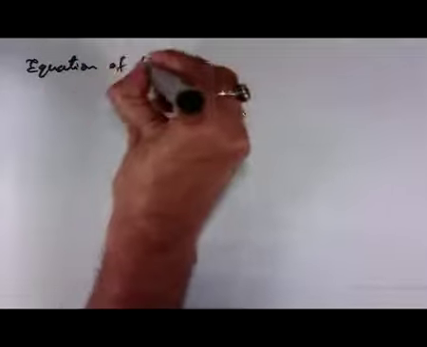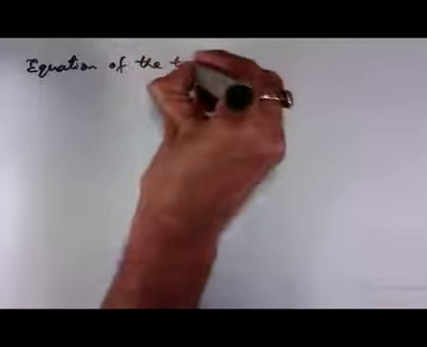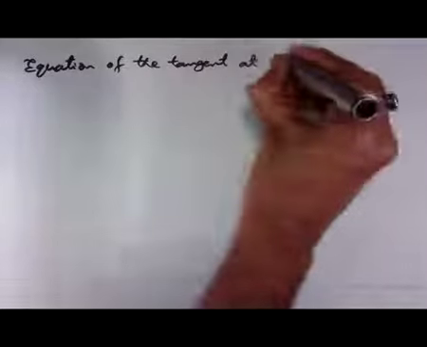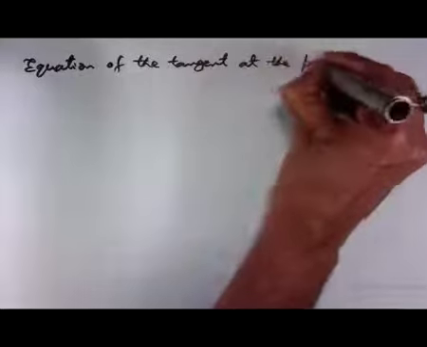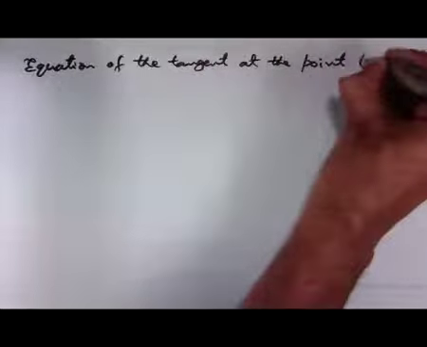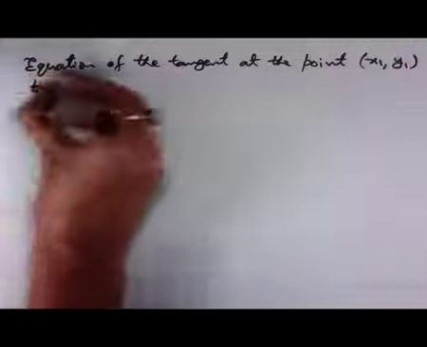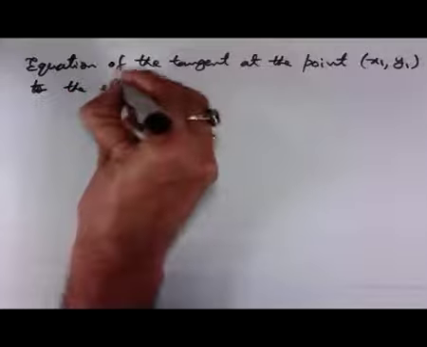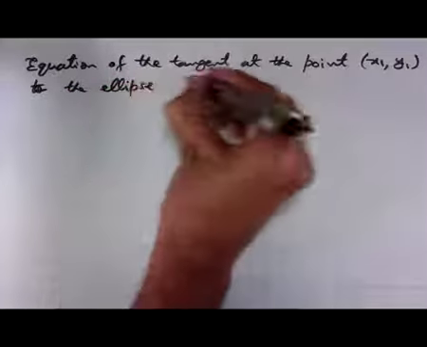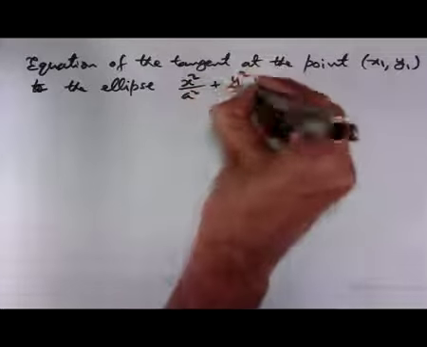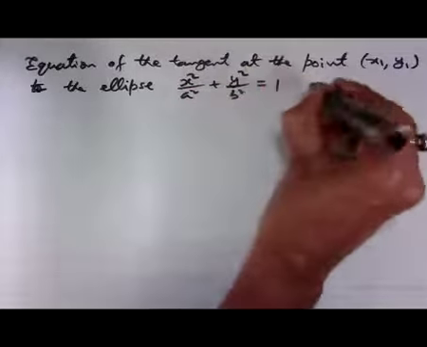Equation of the tangent at the point (x1, y1) to the ellipse x square by a square plus y square by b square equal to 1.